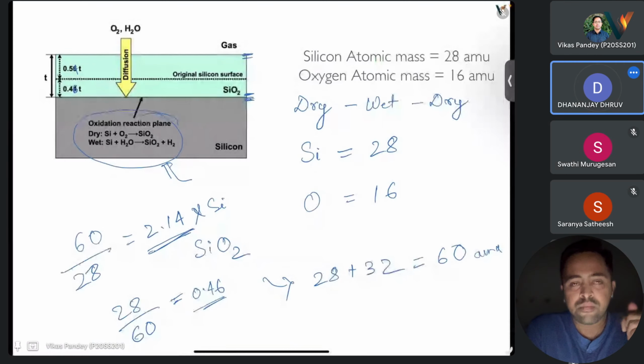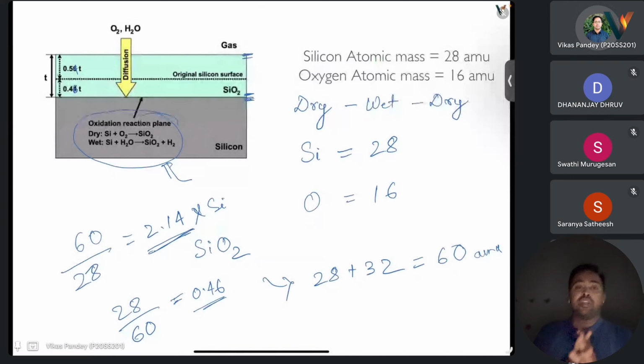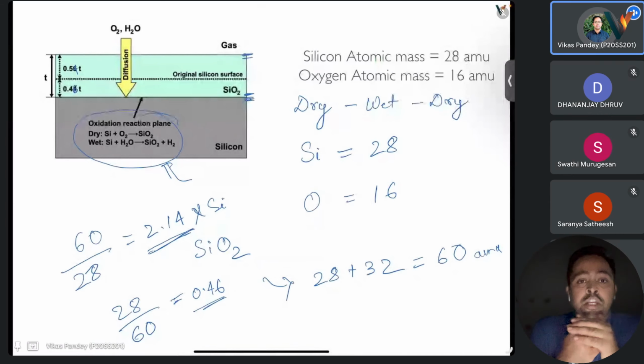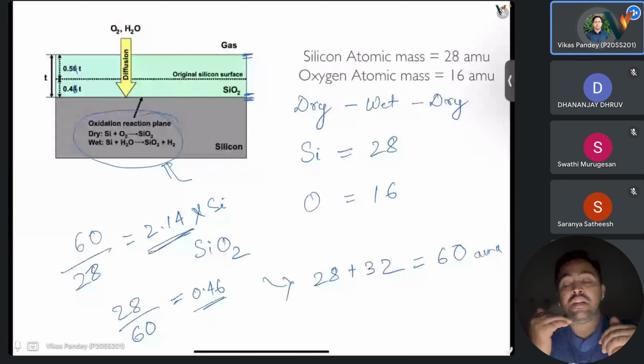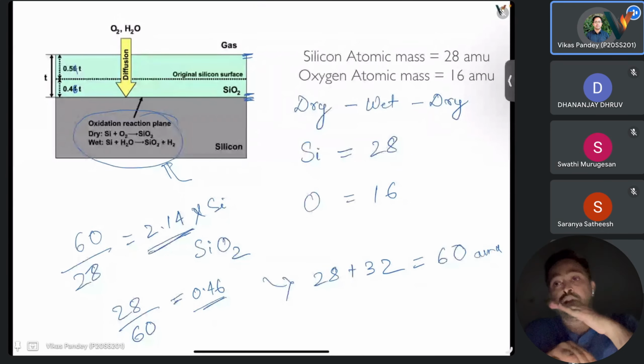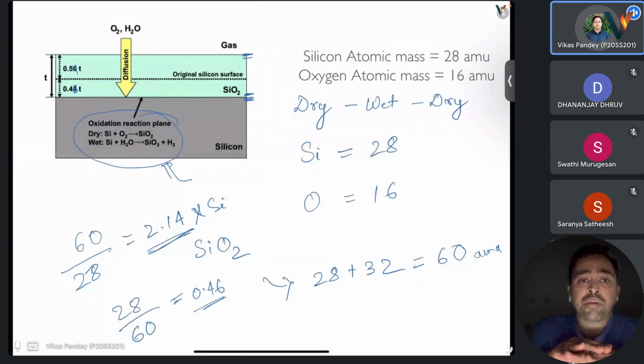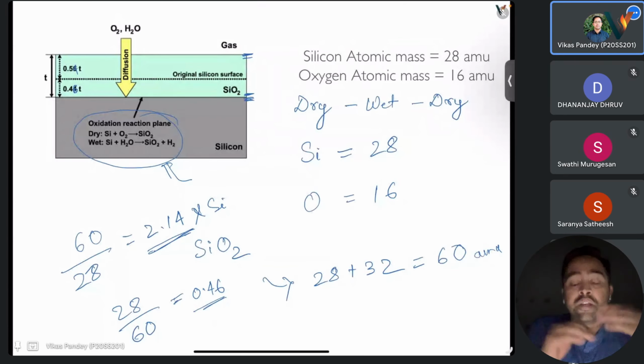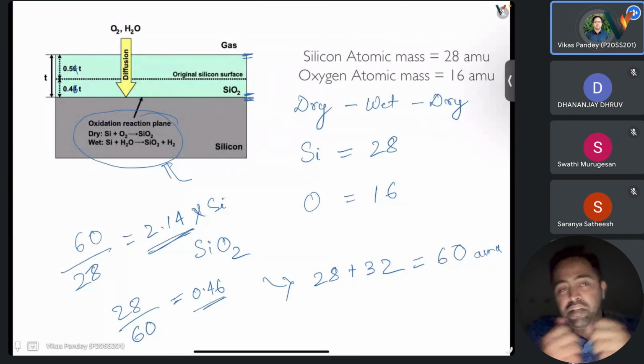Yes, it is. So as we were talking, in general, instead of doing fully dry or fully wet oxidation, we go for dry, wet, dry. This is the general process that is followed. That will ensure that on the top, above it, we have to make the structures, right? So we want a very good layer that has fewer defects.